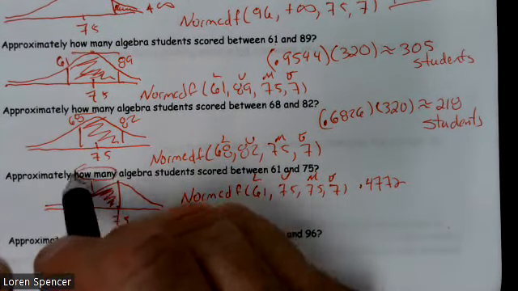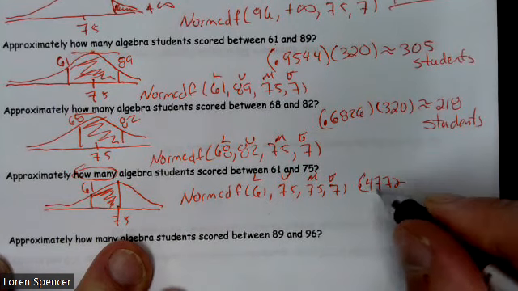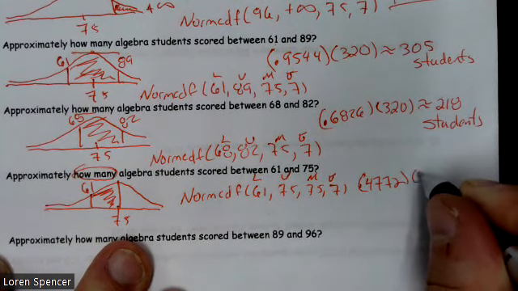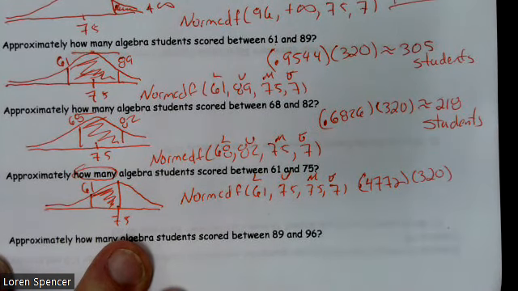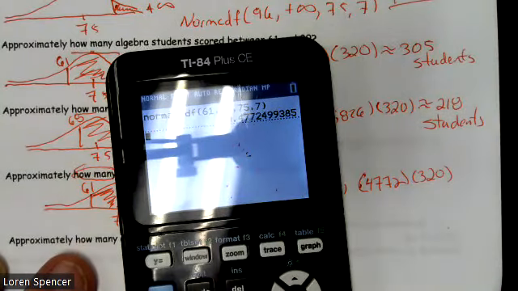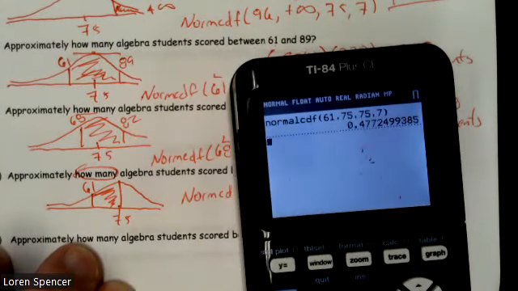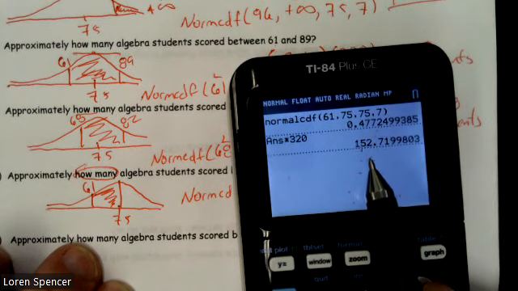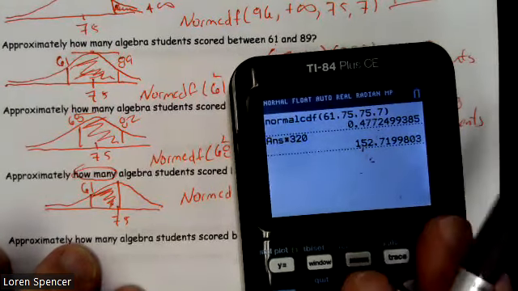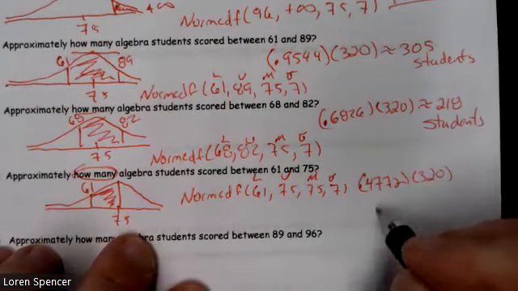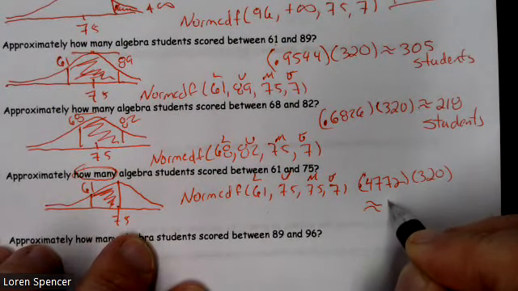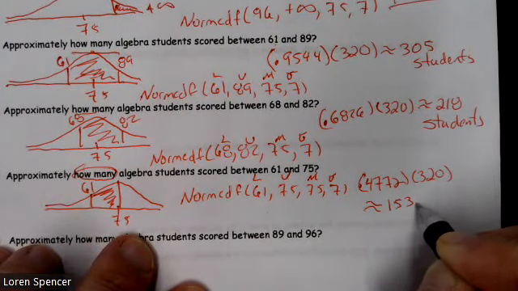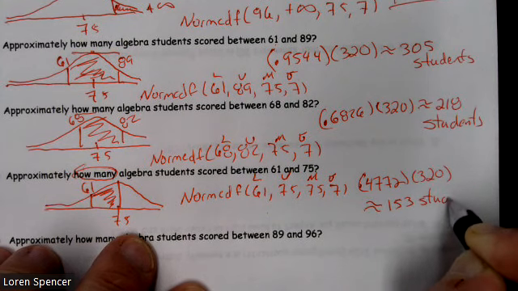But they said how many? So how many would be times the 320. So times 320. And we find out that it's about 152.7. So about 153. I'm going to round up on this. So about 153 students.